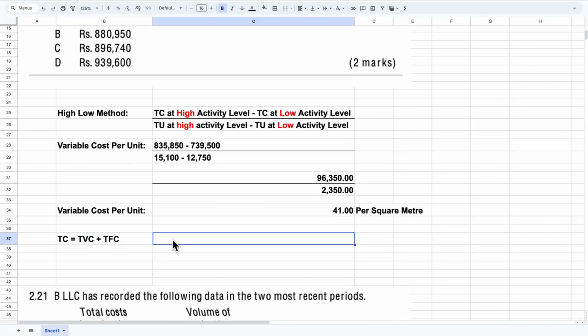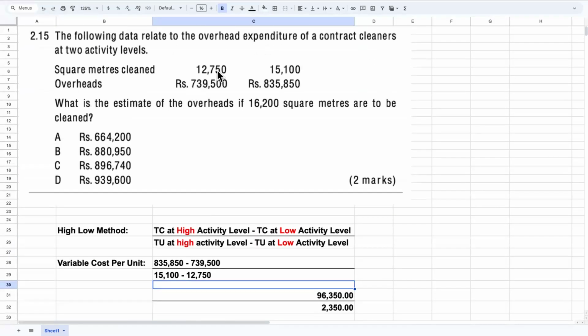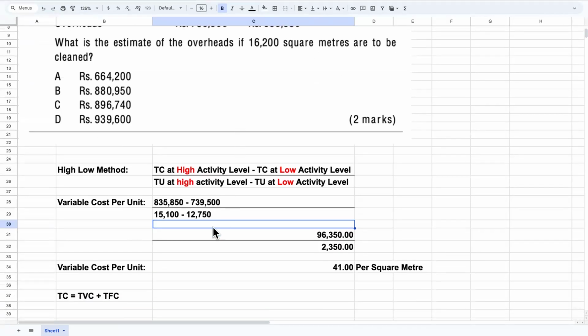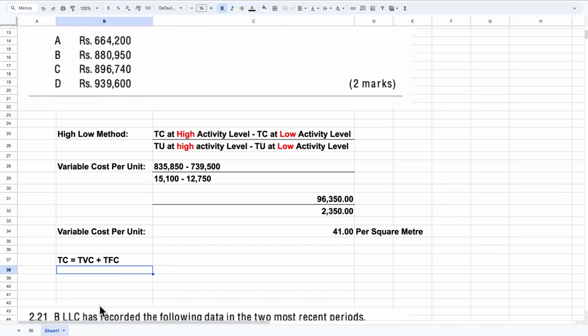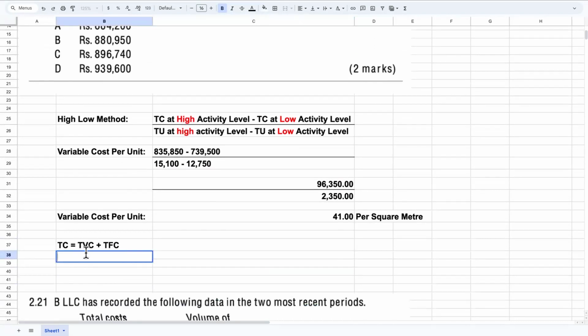So now, how can I determine the fixed cost area only? We know the total cost at two extreme levels of activity, the lowest and also the highest. We can apply it to both. For example, if I'm going to apply it for the 15,100, if I want to identify the total fixed cost from the total cost, I have to take away the total variable cost.